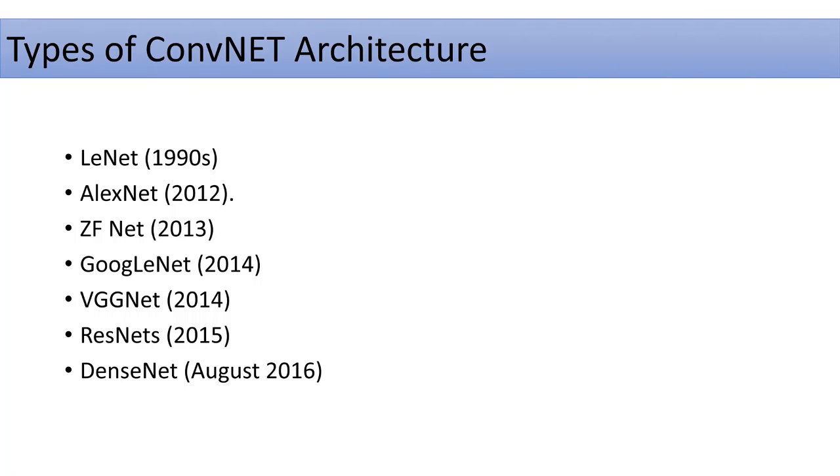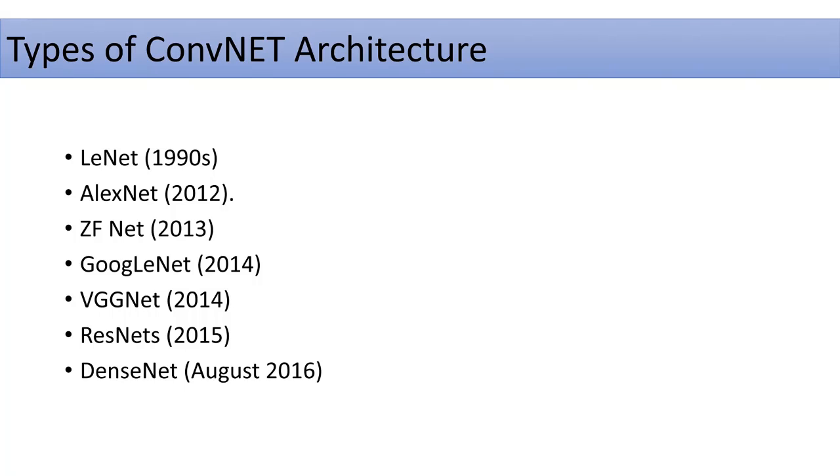In 2014, VGGNet came into existence. Its main contribution was showing that the depth of the network is a critical component for good performance. Then came ResNets in 2015, also known as residual networks. ResNets are currently by far the state-of-the-art CNN models available.